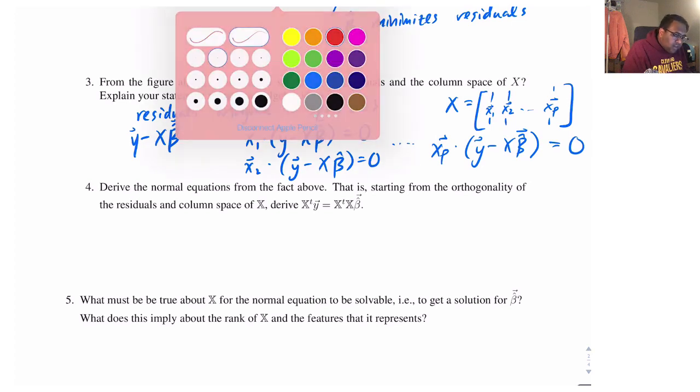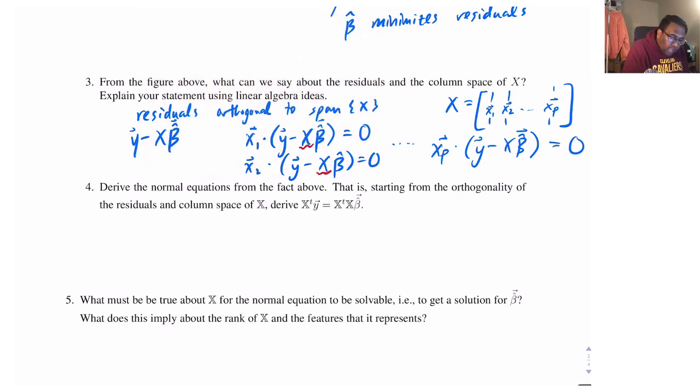One thing to note is that over here, underlined in red, this is X the matrix, whereas what I'm underlining now with the vector hats are vectors corresponding to the columns in X. So what I've now addressed is the idea that my residuals need to be orthogonal to each of the vectors that make up the columns of X.